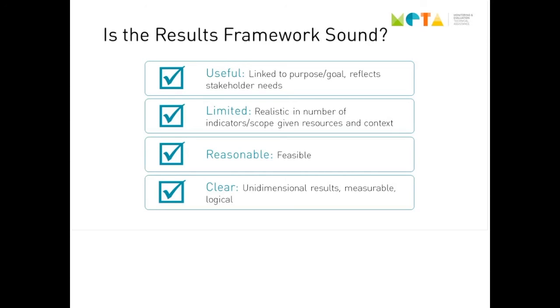The other piece is where there are strict donor-required activities and indicators, or the theory of change underlying your project hasn't been explicitly stated.